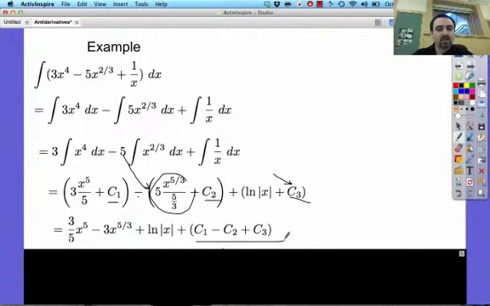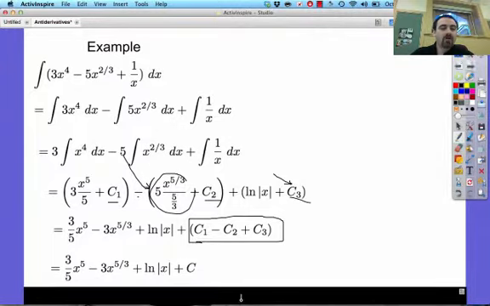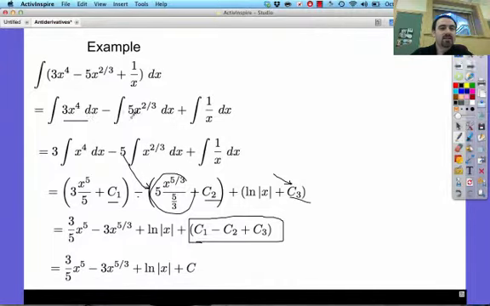But notice these are all arbitrary numbers. So if they're 3 arbitrary numbers added together, that's just really a third arbitrary number. So whenever I have 3 integrands added together, I'm taking the antiderivative, I don't have to worry about 3 different arbitrary constants. Instead, I can just look at 1 arbitrary constant.